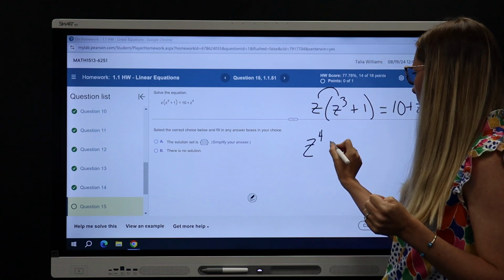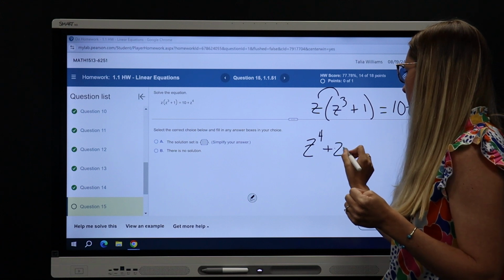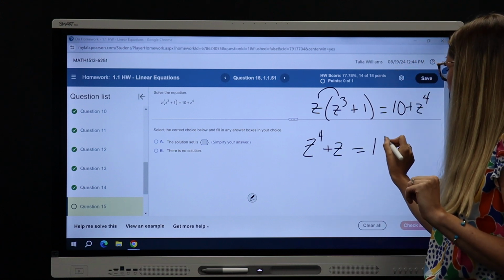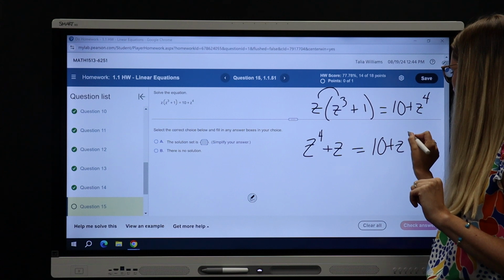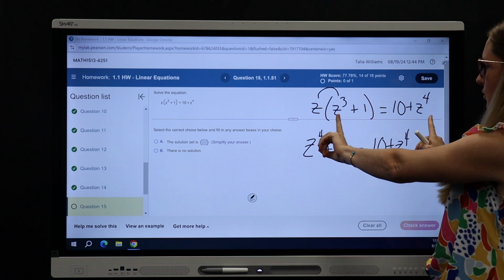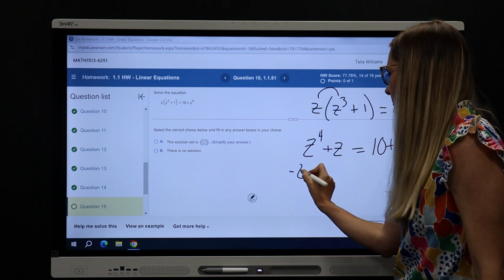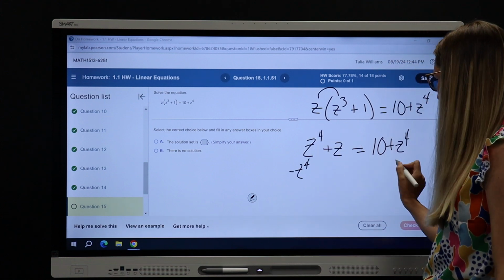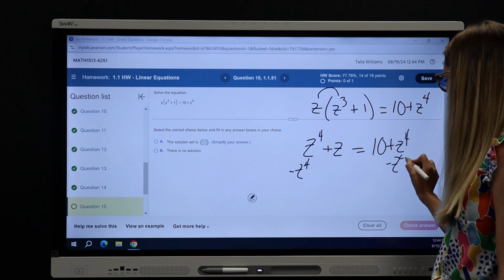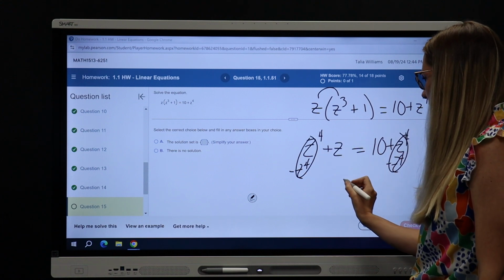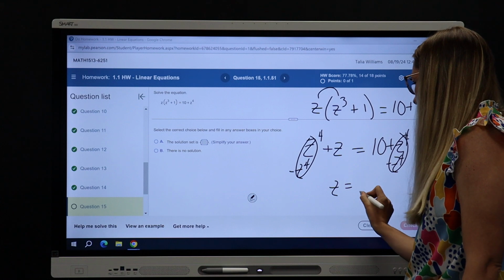Z times 1, anything times 1 is itself. Then I'll have 10 plus z to the 4th. So neither of these are smaller because they are the exact same. So when I go to combine them, opposite of positive is negative, opposite of adding, subtracting, it's 0, so we end up with z equals 10.